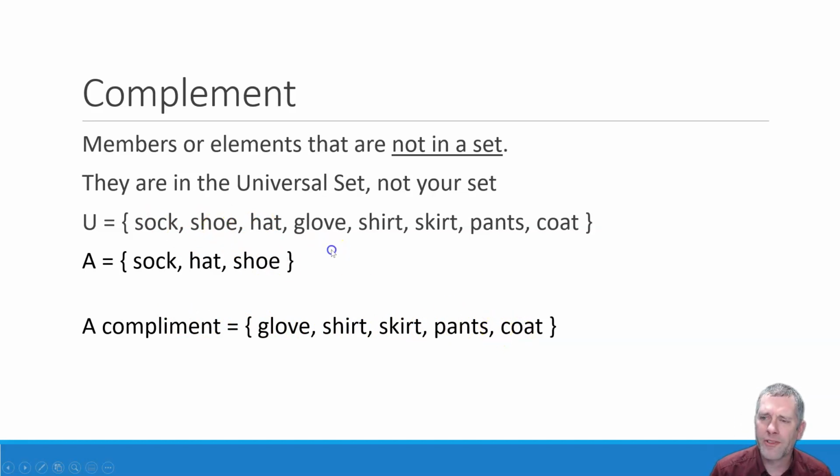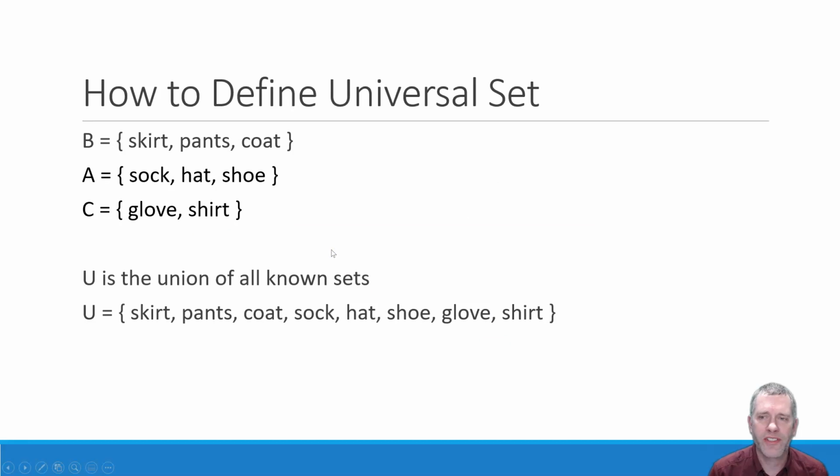Now, you're not always given what the universal set is. In a lot of cases, you'll have to construct what that universal set is or is known to be. So if I had three different sets, B, A, and C, and I want to find the complement of any of those, the first thing I need to do is build the universal set. I'll build that by taking the union of A, B, and C together, finding anything in here that's unique.